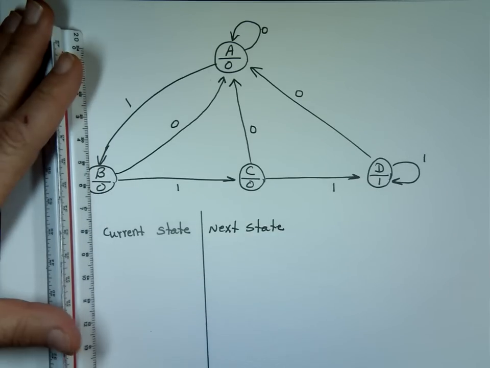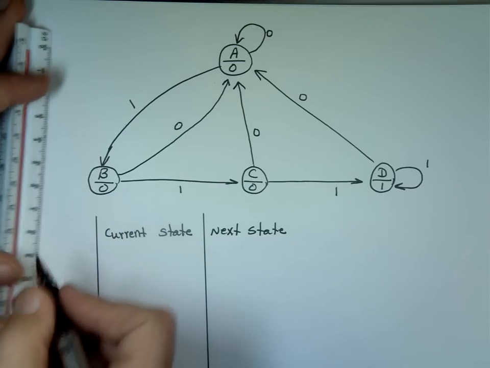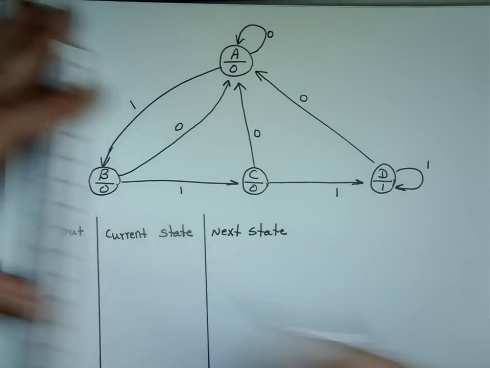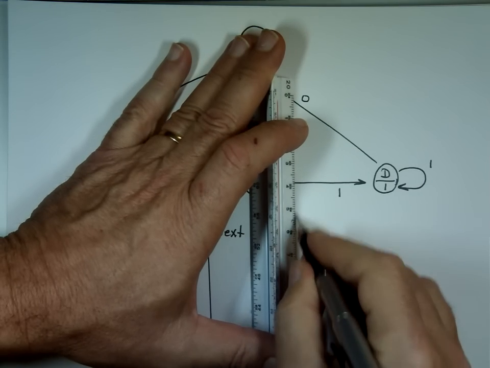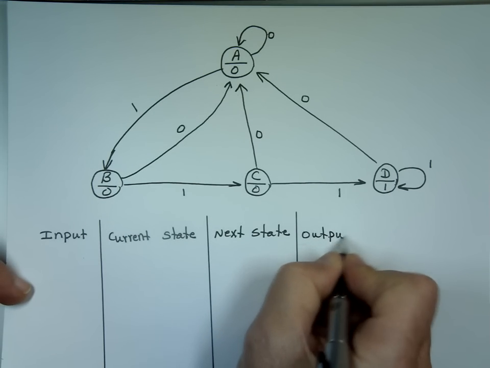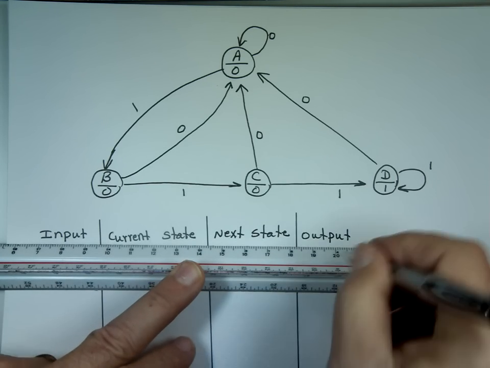And I forgot to put the input. This is my input. I'll put it here. And this is my output. I have 4 states, and each one has 2 options, so it should be 8 altogether.